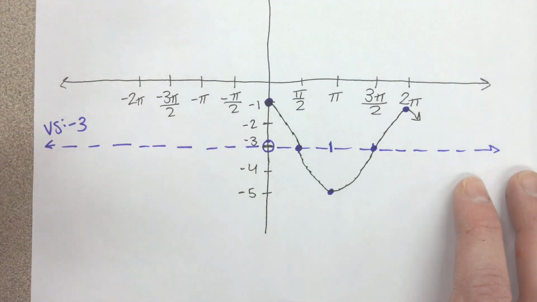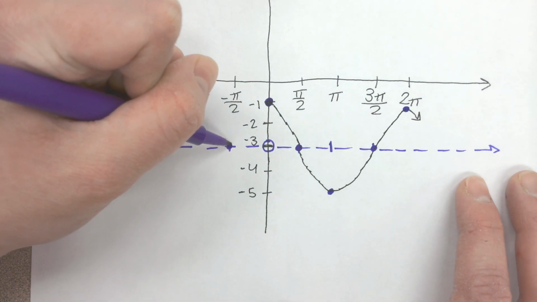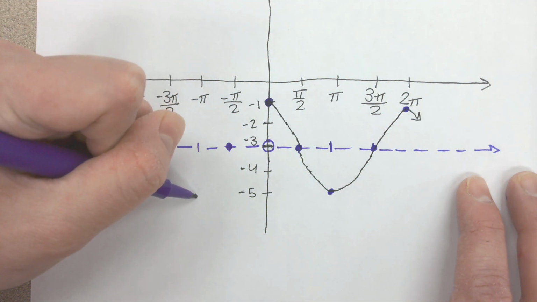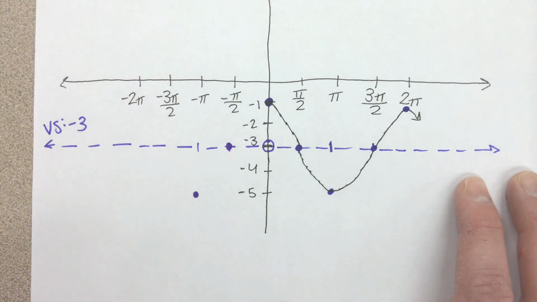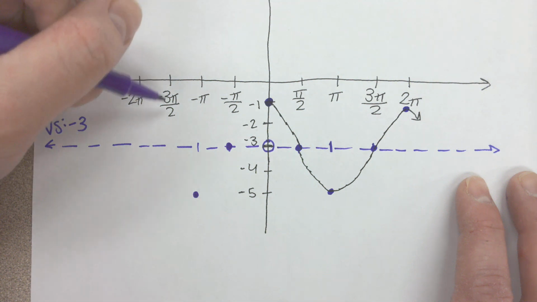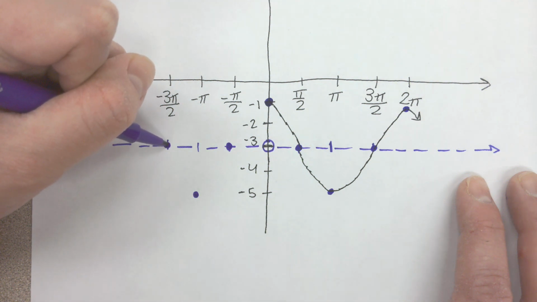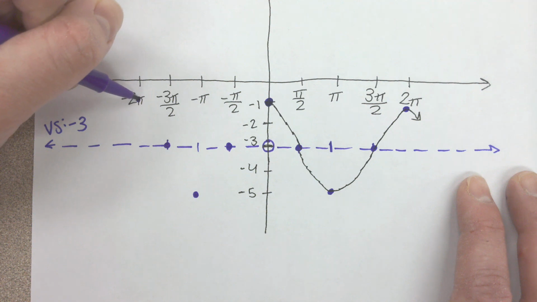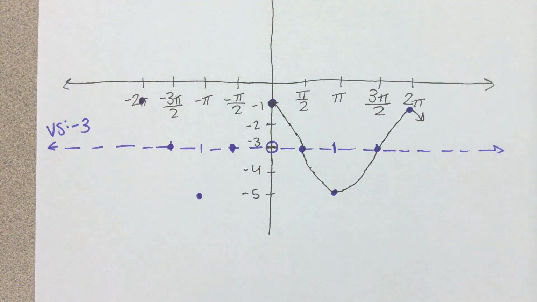So if we go backwards, we're going to go down to the midline for the first interval, down to the minimum for the second interval, back up to the midline for the third interval, and finally back up to the maximum for the last interval.